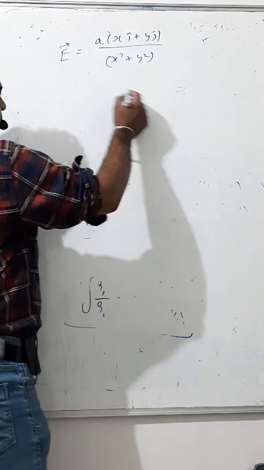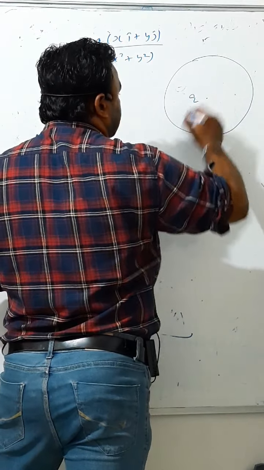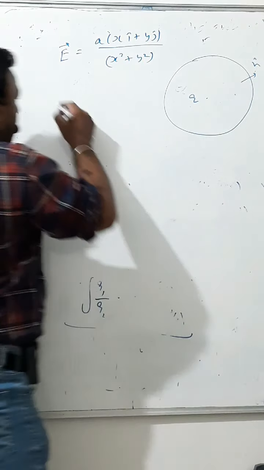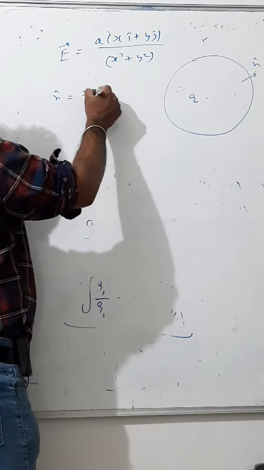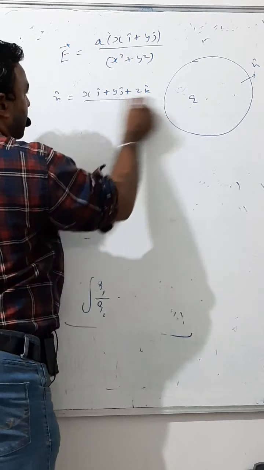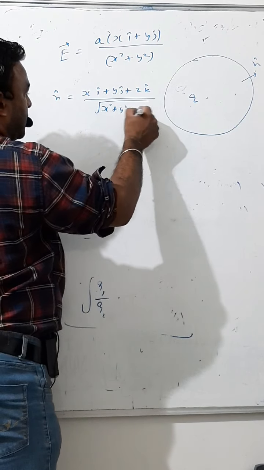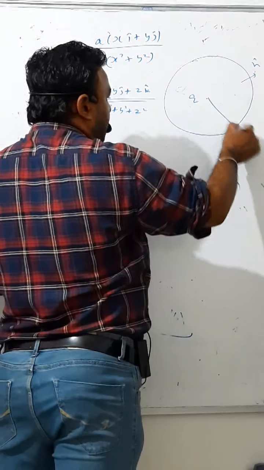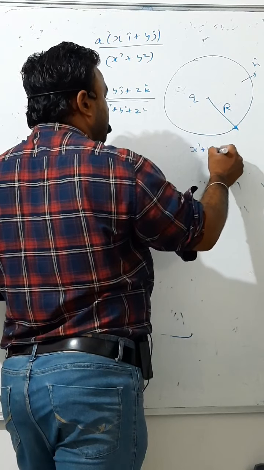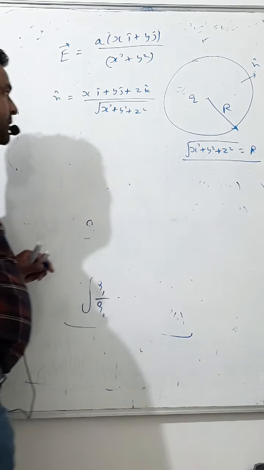Now we consider a sphere. Here suppose there is a charge q. This is n cap. N cap is definitely (x i cap plus y j cap plus z k cap) upon root of x square plus y square plus z square, and if the radius of this sphere is r, then x square plus y square plus z square equals r square.